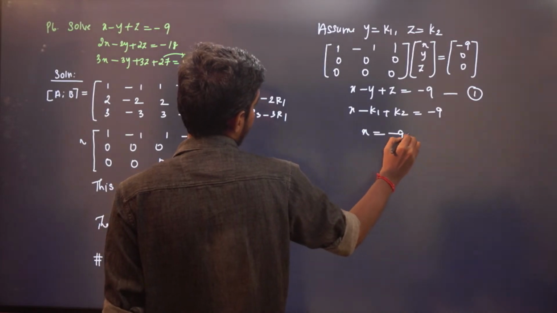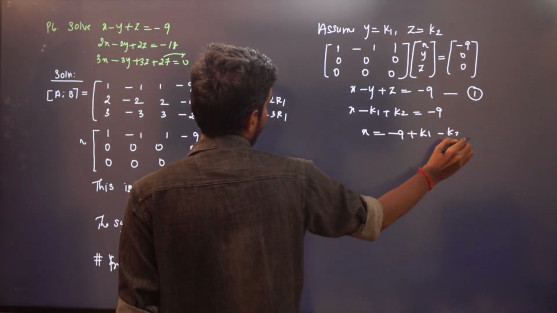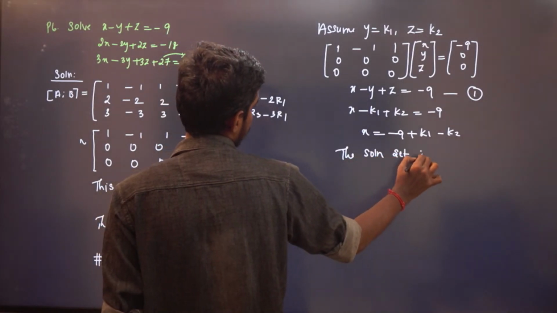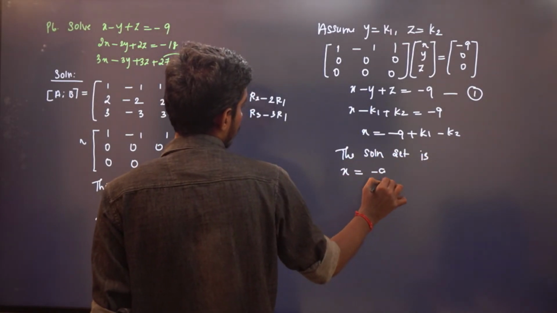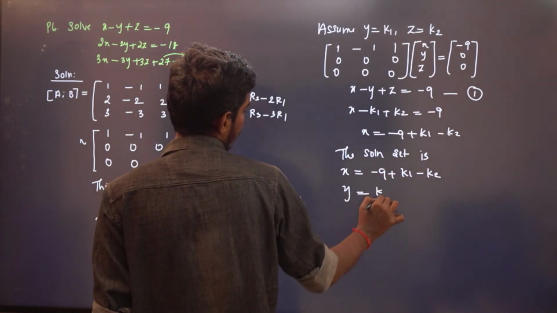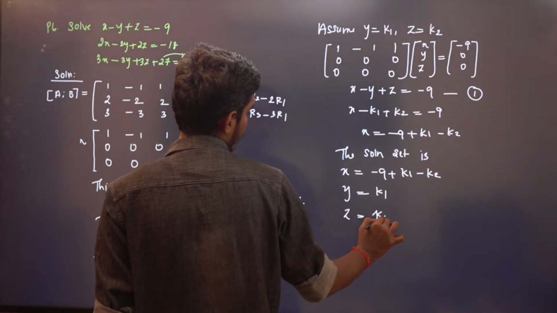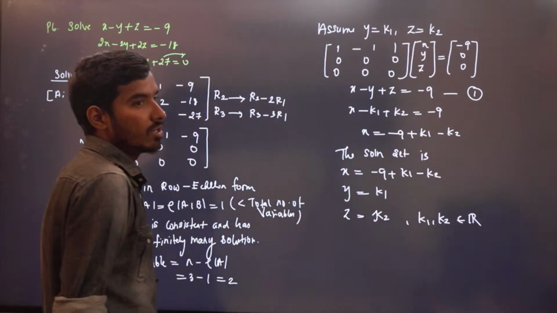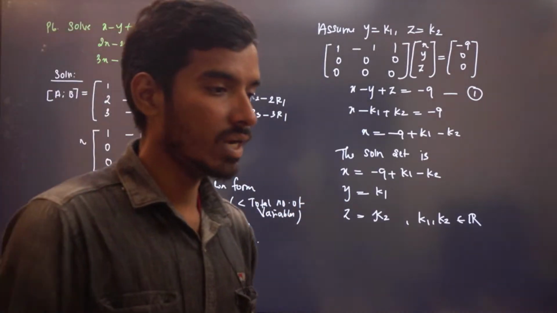So x is minus 9 plus k1 minus k2. The solution set is x is equal to minus 9 plus k1 minus k2, y is k1, z is k2, and this k1, k2 belong to any real number. So if you vary k1, k2, you will get infinitely many solutions.